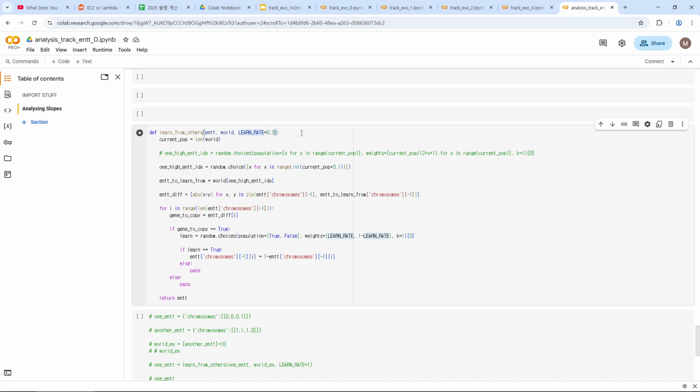Learn rate is set, and the entity in question will learn from one of the top something percent entities. We'll just choose an entity that is amongst a certain top percentage of the world, and it will calculate the difference between its chromosome and the other's chromosome.